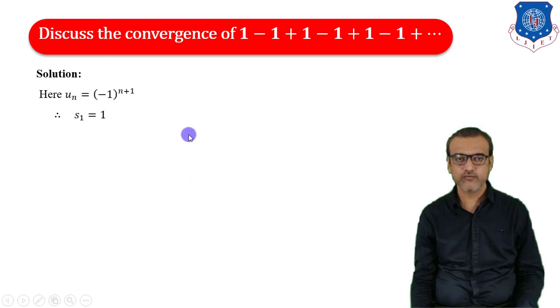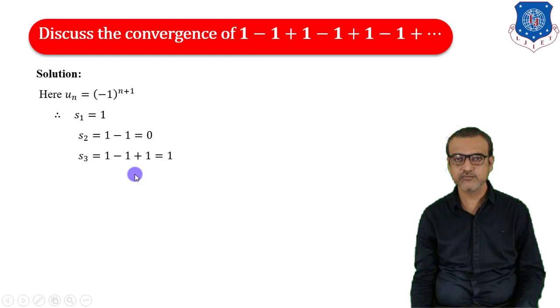So first of all we will find out S1, and S1 is nothing but u1. Now if you replace n by 1, you will get minus 1 raised to 1 plus 1 and that is 1. So the value of S1 is 1. Now S2 equals first two terms, that is 1 minus 1 equals 0. S3 equals addition of first three terms, that is 1 minus 1 plus 1, so that is plus 1.